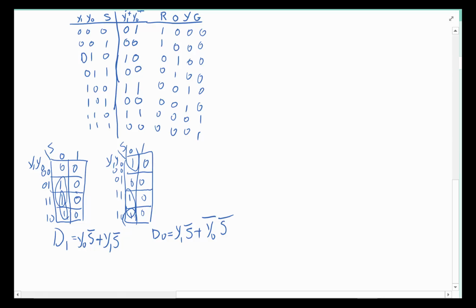So these are the excitation, and then the output's going to be R is simply going to be equal to Y1 Y0 naught.